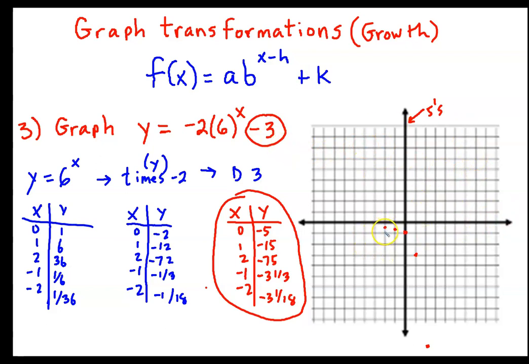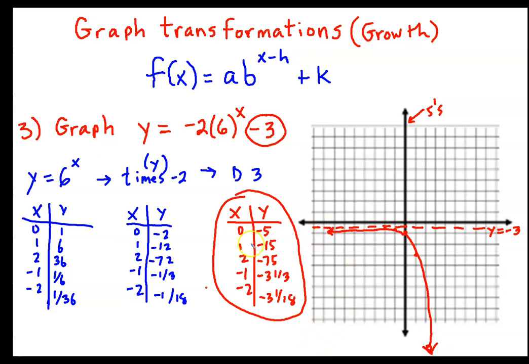Now it looks kind of weird because remember these are in 5s, but I'm just going to estimate and do a little line here. This is just a rough sketch, but I'm going to say this is y equals -3, and we should not go above that line when we sketch our graph. I hit that bottom point.